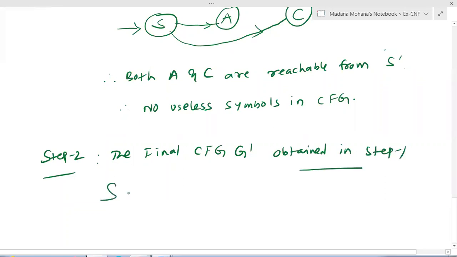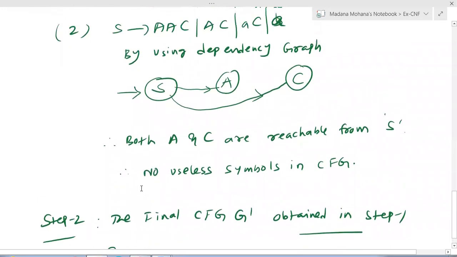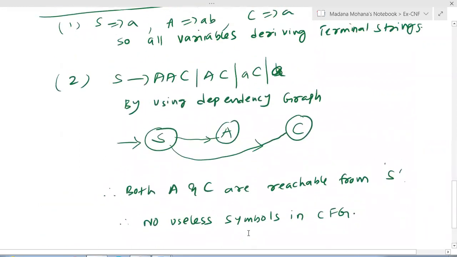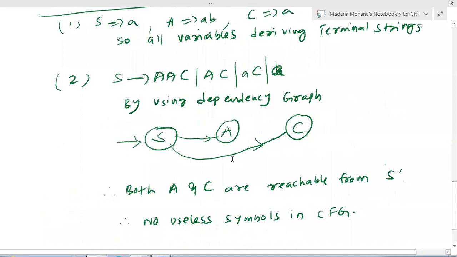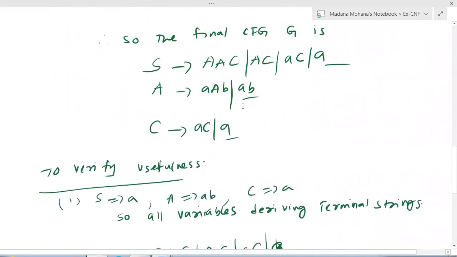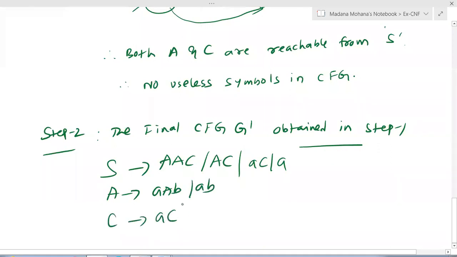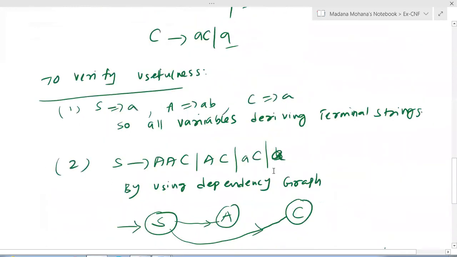Now you can write down S derives AAC or AC, then AC or A. Then A derives AAB or AB. Then C derives AC or A.